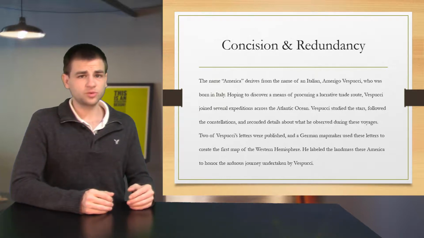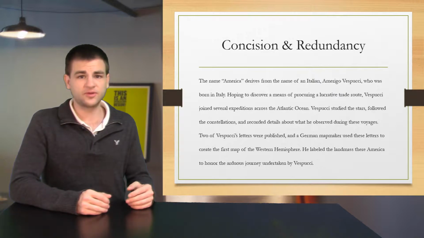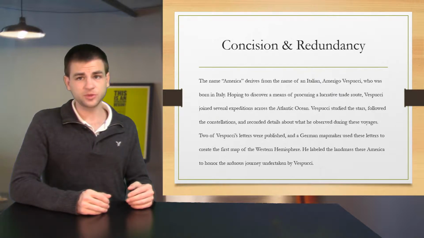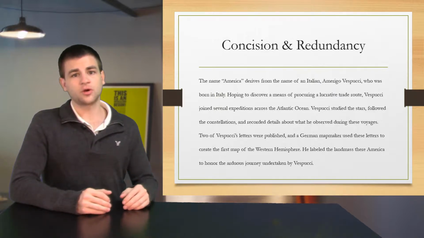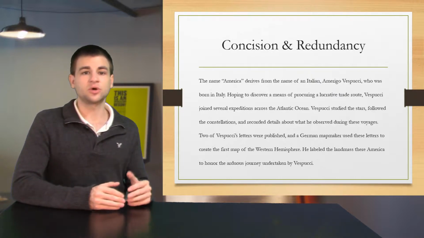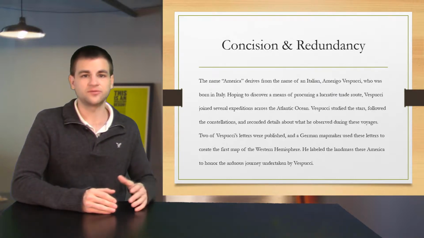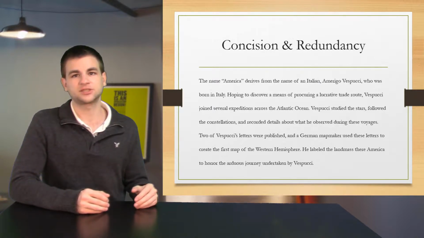Okay, so first we've got, the name America derives from the name of an Italian, Amerigo Vespucci, who was born in Italy. As I mentioned earlier, we're going to look for redundancies and also excessively wordy phrases when we're going through this passage.